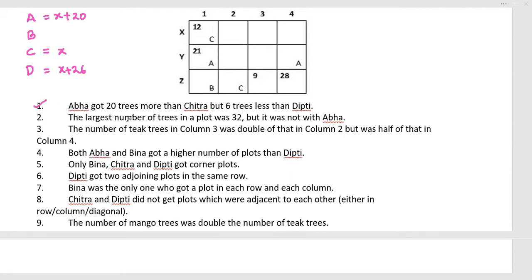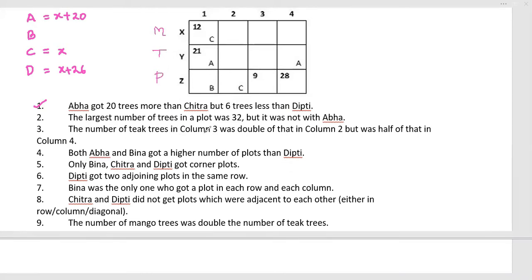Point number 2. The largest number of trees in a plot was 32, but it was not Abha's. Okay. Point number 3. The number of teak trees in column 2. Column 2, this is teak, because this is given mango trees, teak trees, and pine trees.